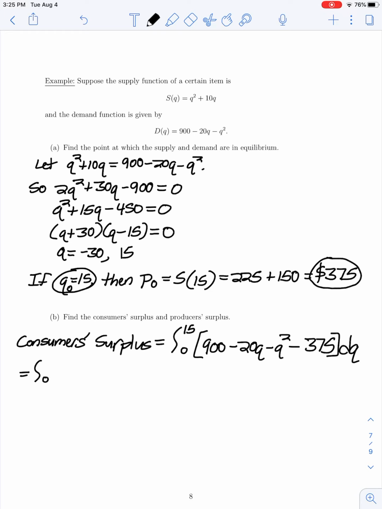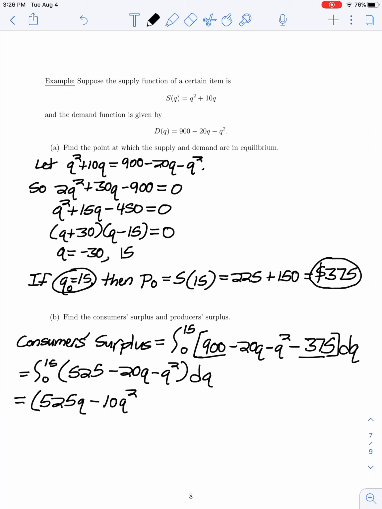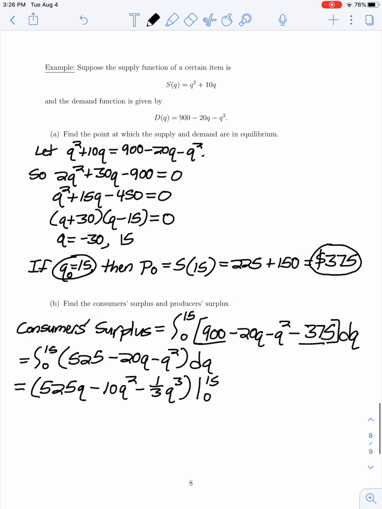So simplifying a little, we have the integral from 0 to 15 of the 900 minus 375 leaves us with 525, and then minus 20Q minus Q squared dQ. So an antiderivative is then 525Q minus 10Q squared minus 1/3 Q cubed, which we are evaluating from 0 to 15.